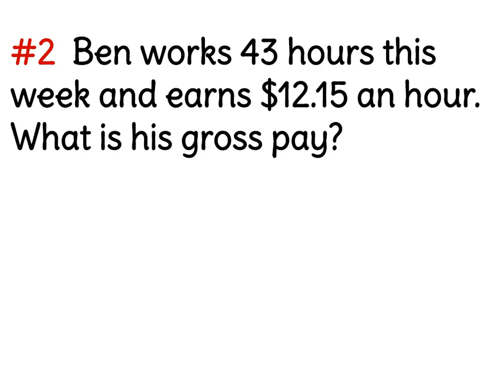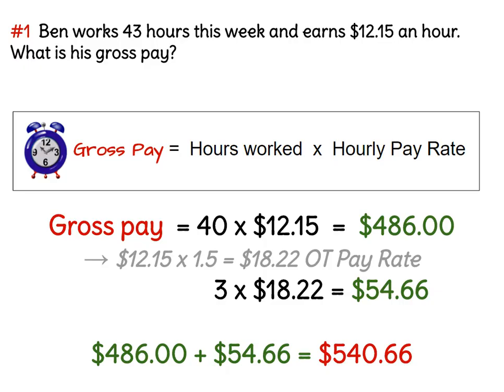Question number 2. Ben works 43 hours this week and earns $12.15 an hour. What is his gross pay? Well, Ben worked over 40 hours. Did you catch that he has some overtime pay?